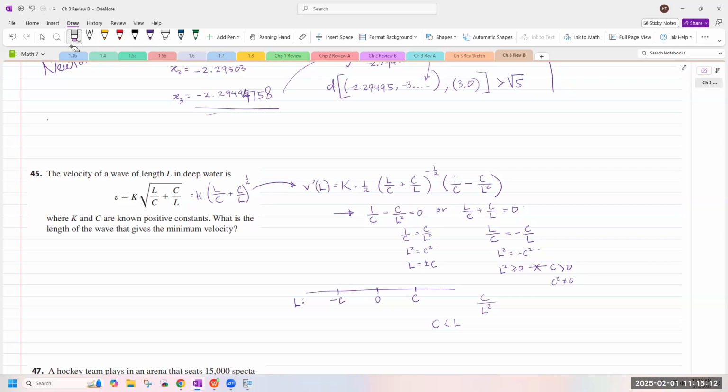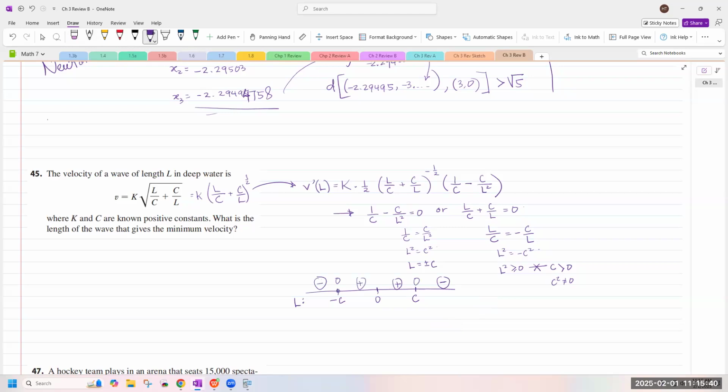Yeah, I want to say that this is negative here. This is positive. And this 0 is not the critical, and then this is negative. So the minimum will be at negative C, huh?